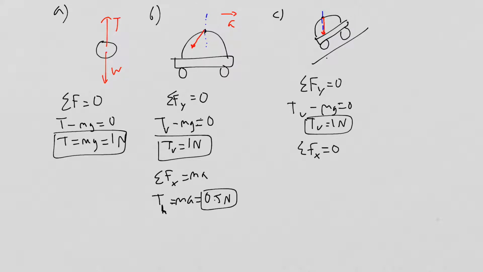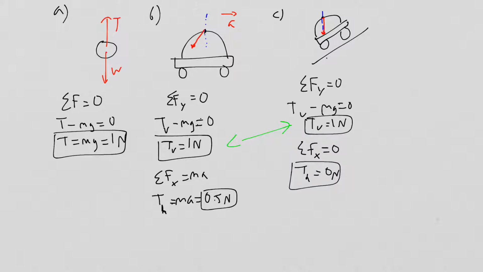It's not accelerating horizontally, so the net force in the horizontal direction is 0. And that tells us immediately that the horizontal tension is also 0 newtons. Now you notice in this problem, I'm not using the tilted coordinate system that you normally would for an incline, and that's because I want to be able to compare between these statements. So I need to use the same coordinate system for both.